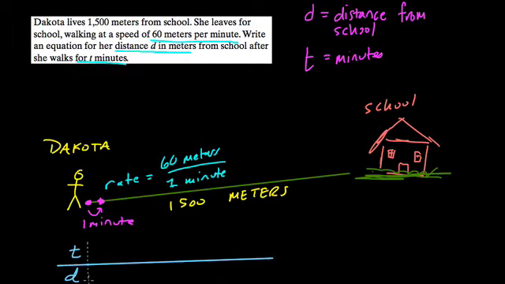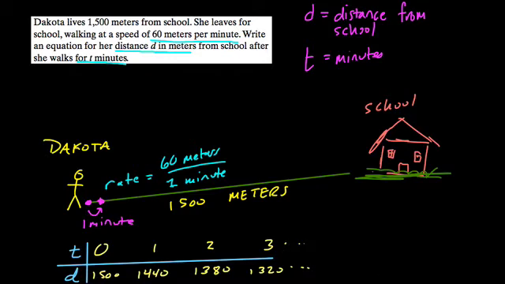So let's say 0 minutes have passed. Well, that means she hasn't left yet, and she's 1,500 meters away from school. After 1 minute, we'll be 1,440 meters away. After 2 minutes, we'll be 1,380, right? Take another 60 away. After 3 minutes, we'll be 1,320 meters away, and so forth.